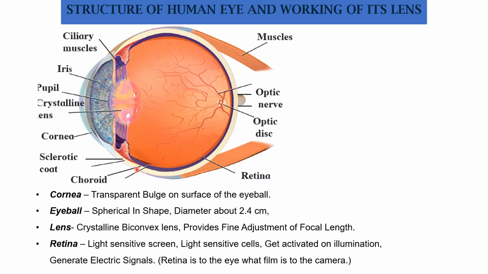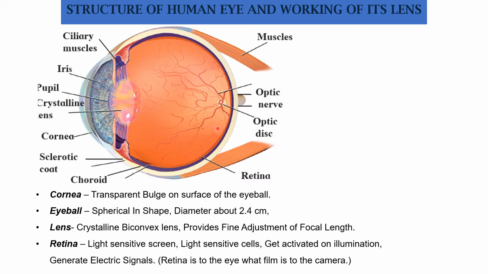And this screen is called the retina. So here you can see retina, which is a light sensitive screen that is present where the image is going to be obtained. So here we have the biconvex lens, and since it is biconvex, it is going to give you a real and inverted image of the object on the retina.